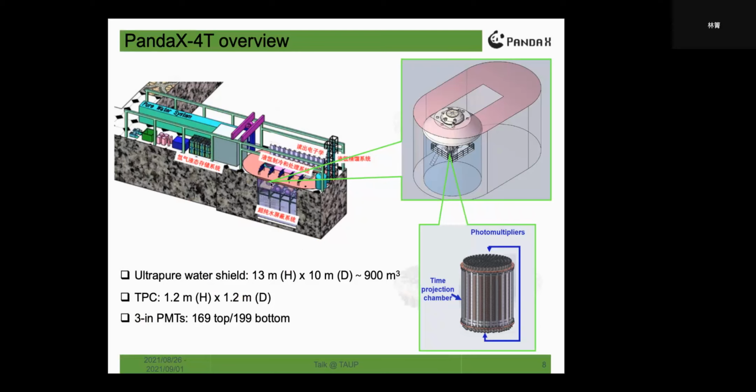Below the clean room is the water tank with 900 tons of pure water as passive shielding. In the middle of the tank is the detector's cryostat. PandaX-4T uses a TPC 1.2 meters in height and diameter, with 169 3-inch PMTs at the top and 199 PMTs at the bottom, hosting about 3.7 tons of xenon in the sensitive volume.